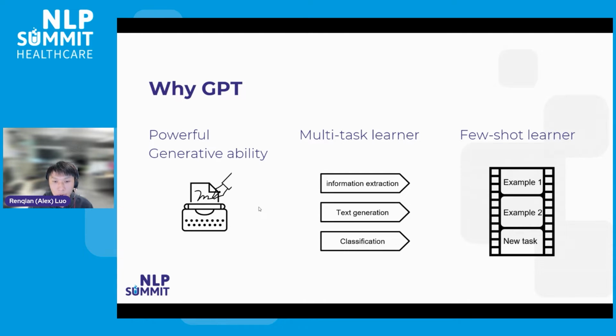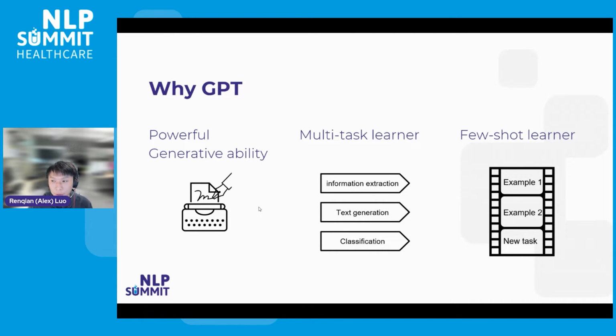GPT has shown powerful generative ability, which can generate new text or new knowledge or amazing content from the knowledge it has learned, and it is a well-built multitask learner which can be used for various downstream tasks like information extraction, text generation, and also the traditional classification.